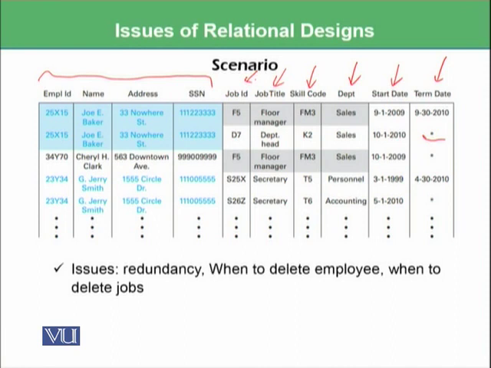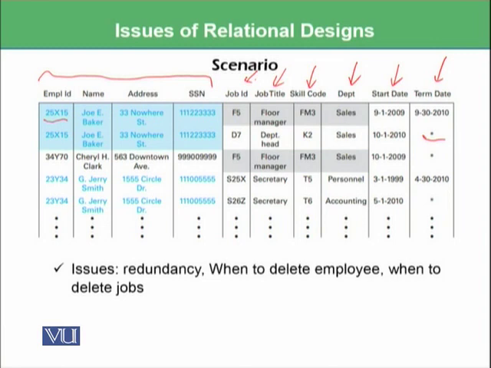One of the issues is that the data is redundant. For example, in the previous slide, one tuple was denoting one particular instance of the employee. However, here you can see that the employee who has employee number 25X15, whose name is Joey E. Baker, with this address and this SSN, has held two jobs.